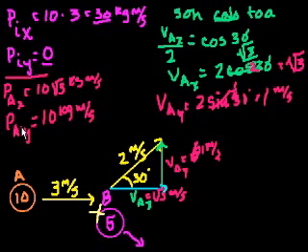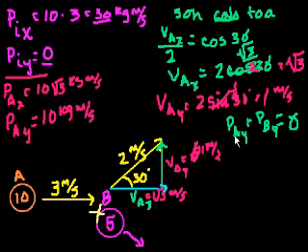So now let's figure out B. Let's do the y direction first because they add up to 0. So we know that, and this is after the collision, the momentum of A in the y direction plus the momentum of B in the y direction have to equal what? Well, what was the initial momentum in the y direction? All right, it was 0. There was no movement in the y direction initially.